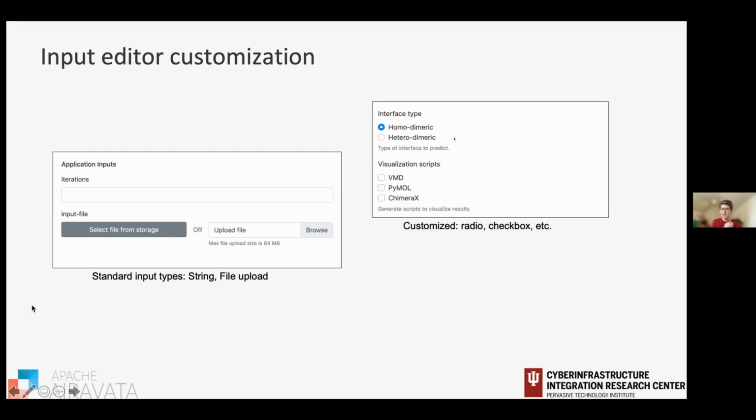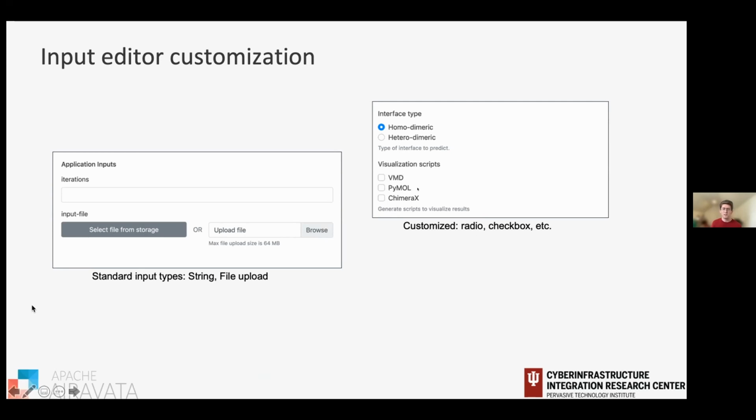So one thing you can do with customizing these application inputs is change the user interface for them. You can elect to use radio buttons if you have a small set of single valued values for an input. You can use checkboxes as well.